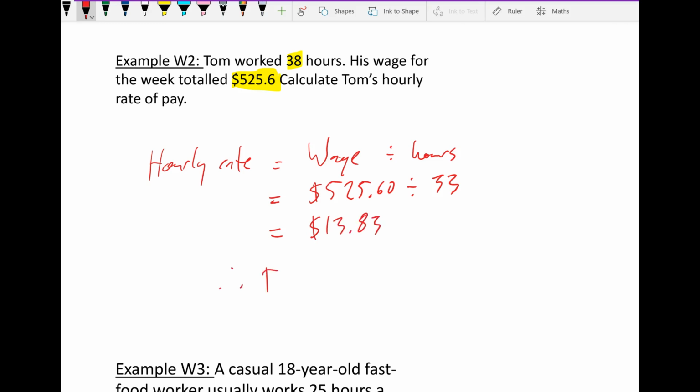Okay, so therefore Tom's hourly rate is $13.83. Okay.